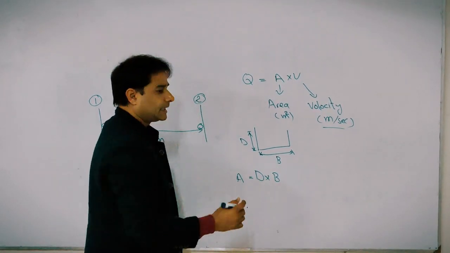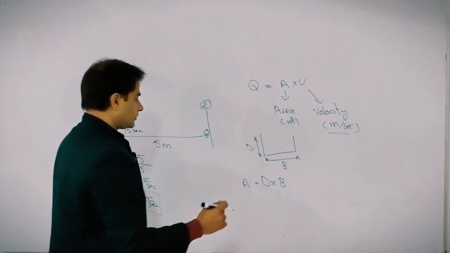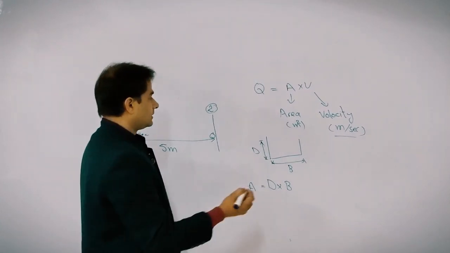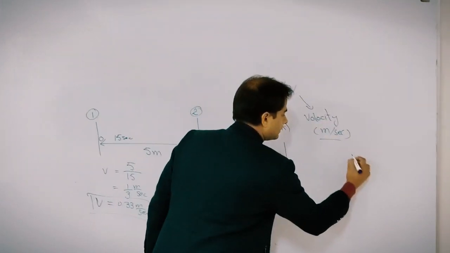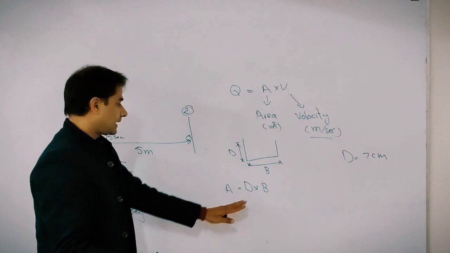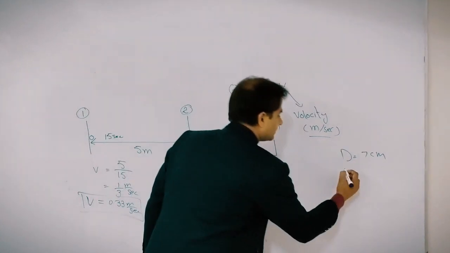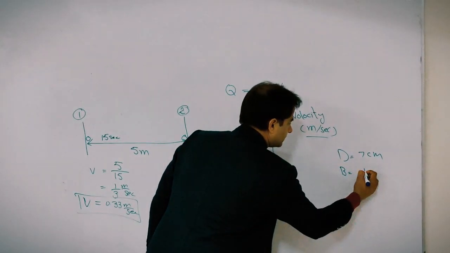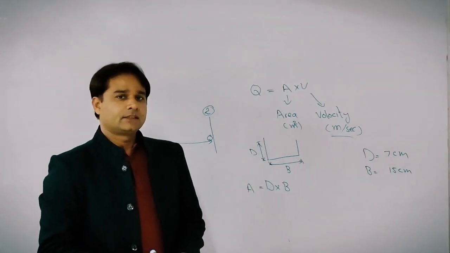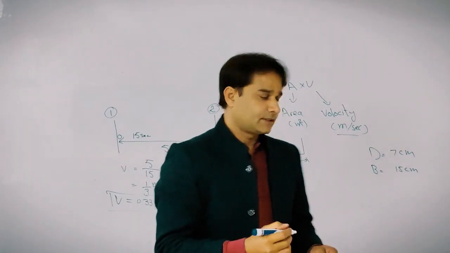Our depth of flow was 7 centimeters, and width of flow was 15 centimeters. We have to convert these centimeters into meters.